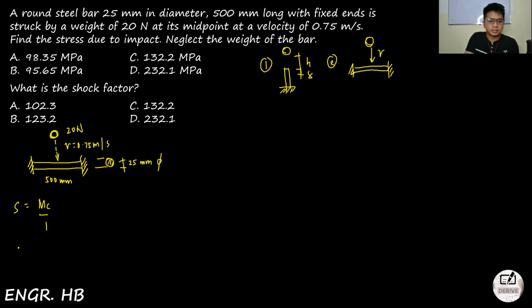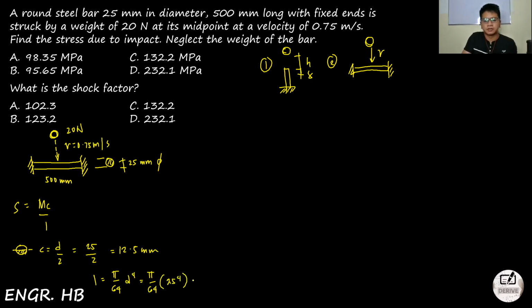Since this is a circular, madaling makuha yung C niyan, which is C is equal to D over 2, which is 25 divided by 2. So that will become 12.5 mm. And the moment of inertia, we all know that the moment of inertia of a circular is pi over 64 d raised to 4. So that will become pi divided by 64 times 25 raised to 4.